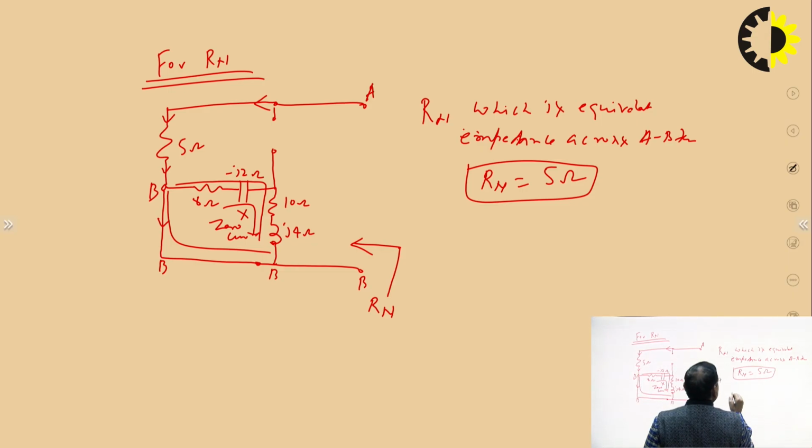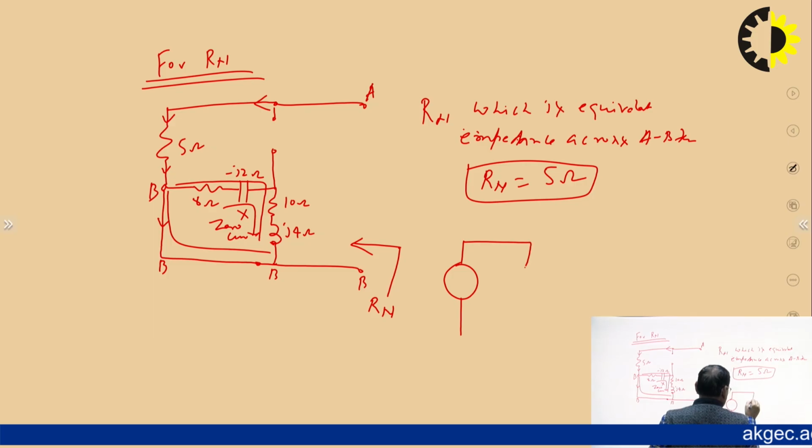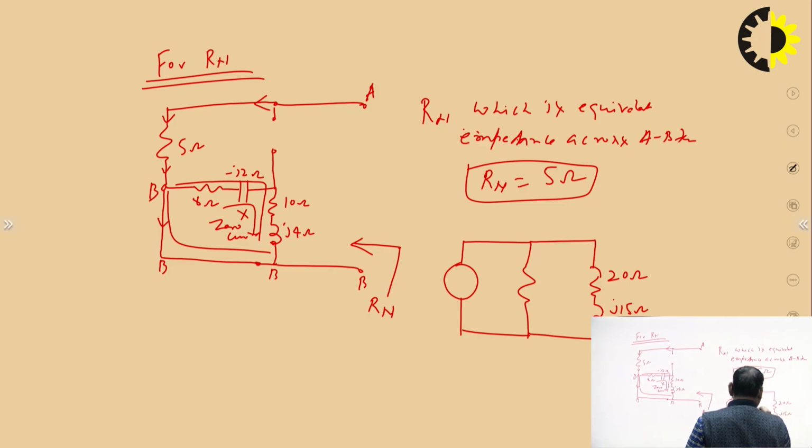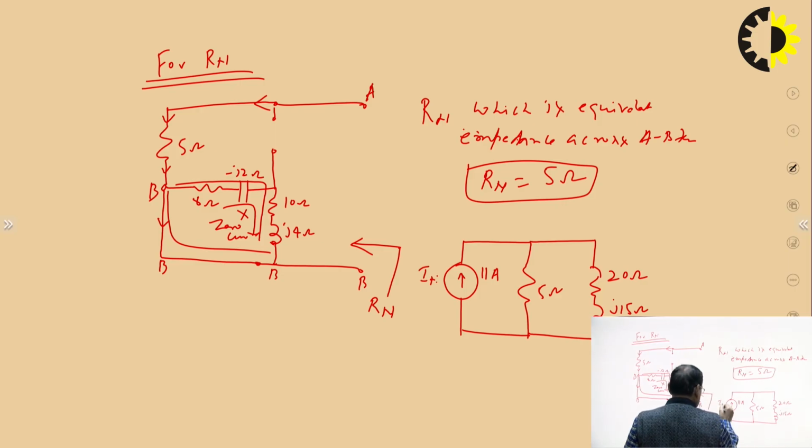Now, you can draw the circuit. The Norton equivalent is: this is your IN, this is your RN, and now we restore the impedance which had been removed to complete the Norton equivalent circuit. So it is 5 plus J15 ohm, this is your 5 ohm and this is your 11 ampere current, IN.